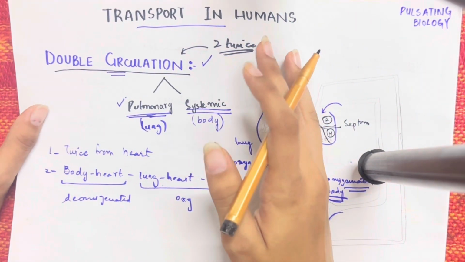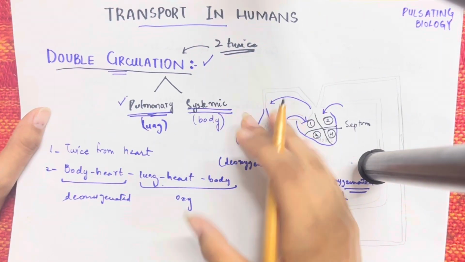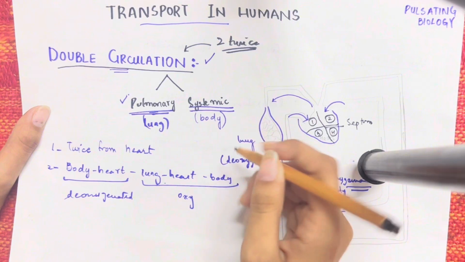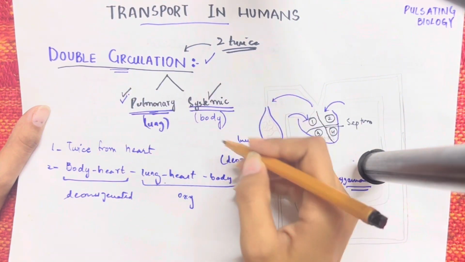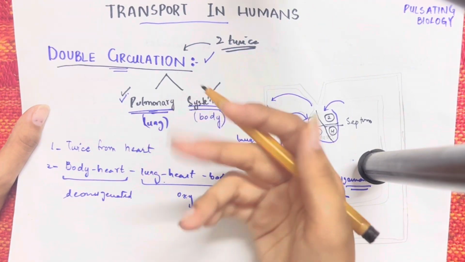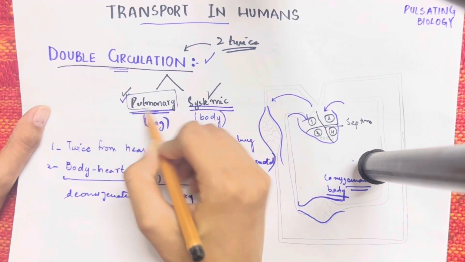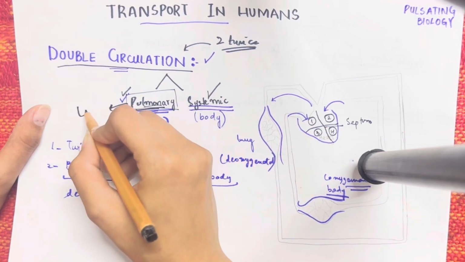We are going to talk about it in much more detail, but first let's understand the basics of transport. Double circulation can be of two types: either pulmonary or systemic. Since the blood passes through the heart twice, first there is the pulmonary circulation. Any term that includes pulmonary means that it is related to the lungs.